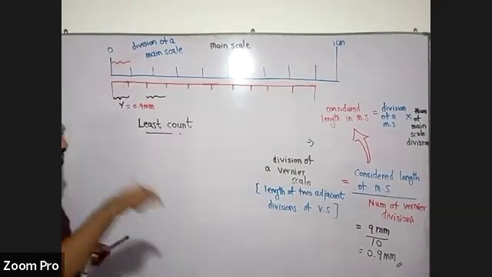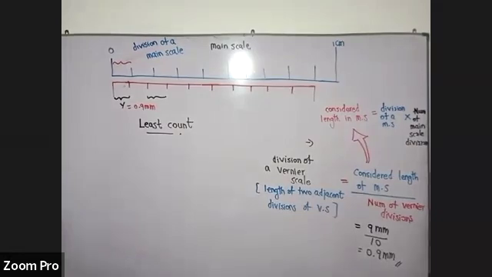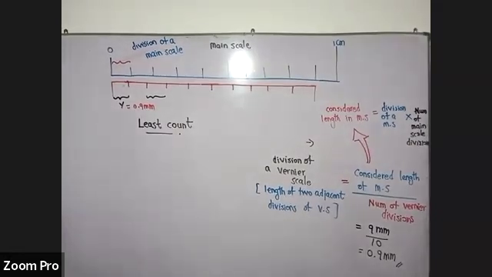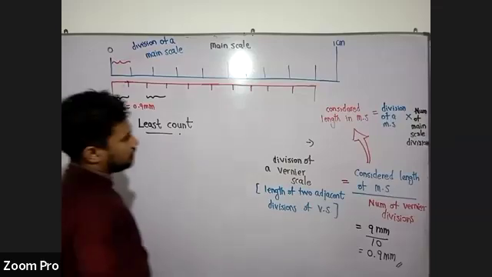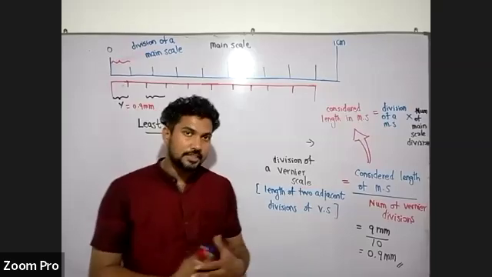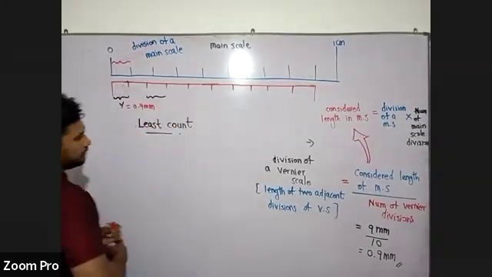Okay, now least count. Let's write down this one. Least count is the minimum value that can be measured using a measuring instrument.